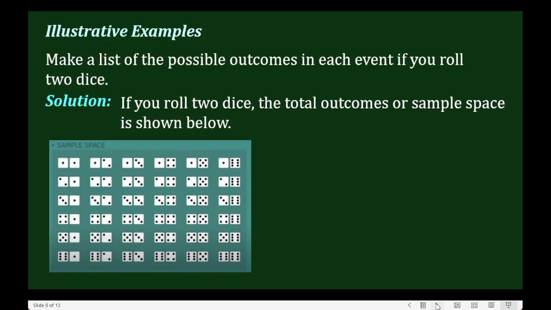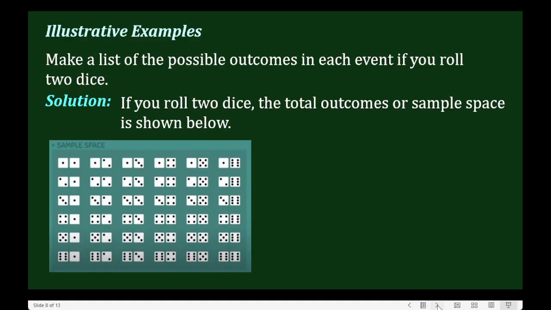Okay, so we have each pair of possible outcomes, and if we count them all, there are 36 possible outcomes, which will serve as our sample space from 1, 1 to 6, 6.